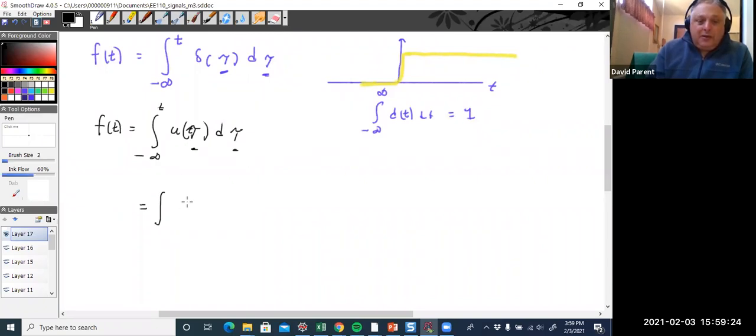So I can replace that with 1. But the way that I enforce it to be 0 before that is now to put the 0, right? Because here, when tau is less than 0, it's 0. So then I put that 0 right here, right? And then I can get rid of the step function, although I'm not really.